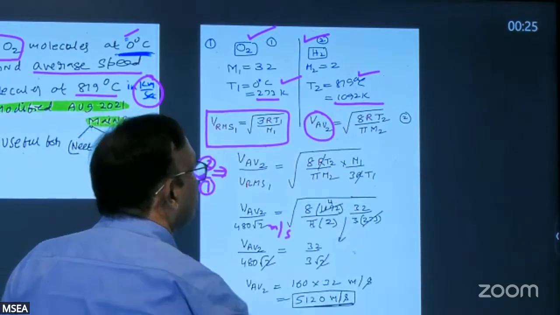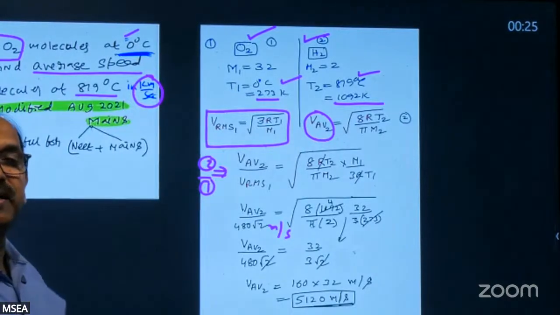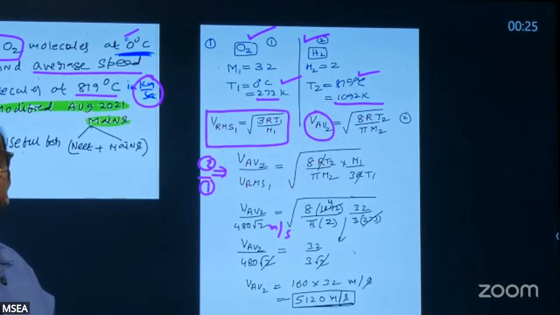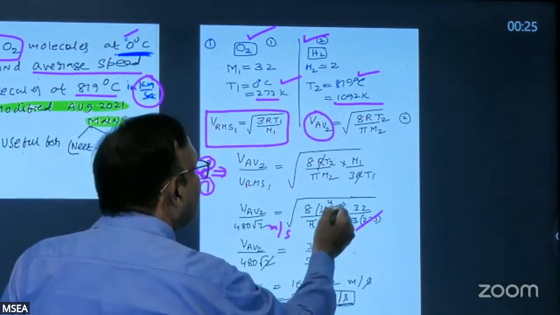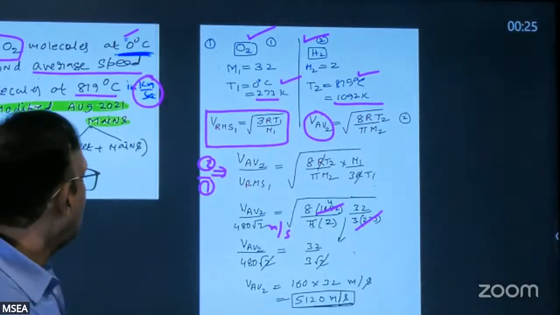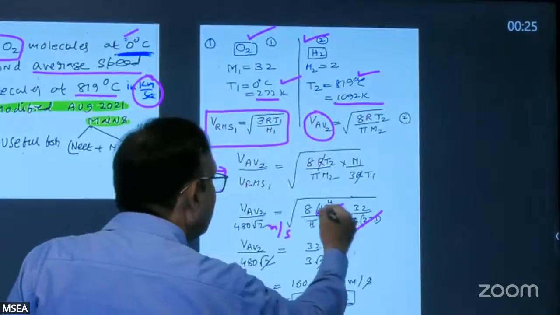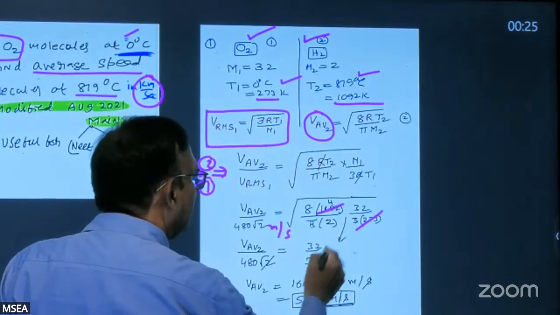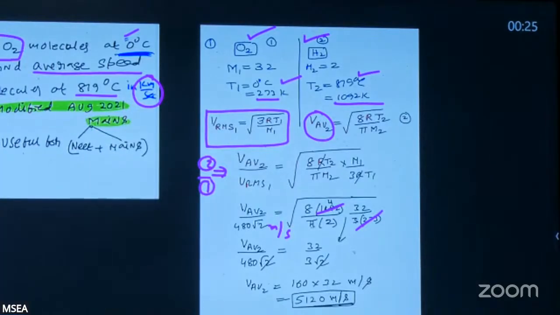3 T1 means 273. Yeah, 273 and 1092 are little bit frightening numbers. But 273 by 1092 is exactly 4 times. Precisely 4. So V average 2 is 480 root 2 times this 4 now. Here, you have to see the data given.